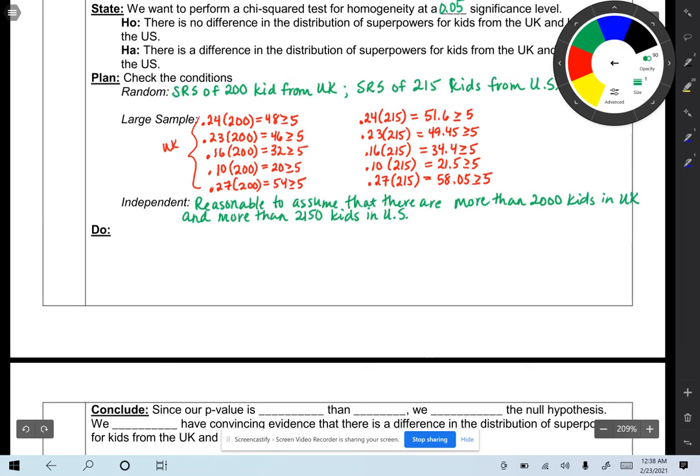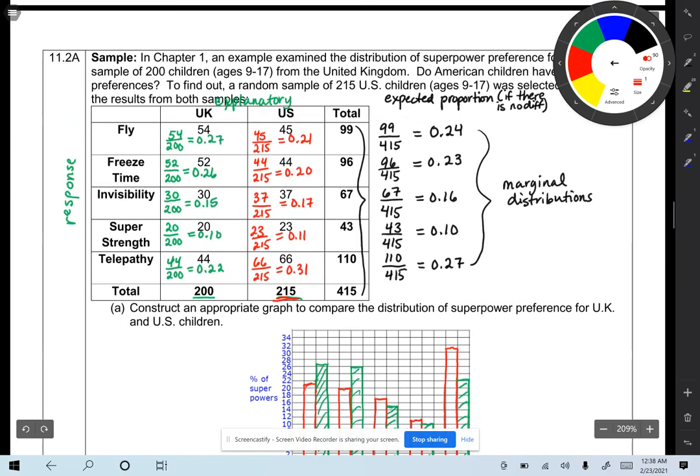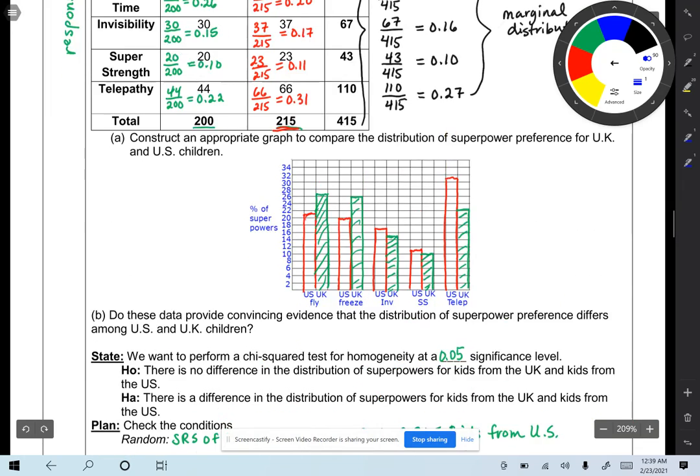All right, in our do, we are going to find the chi-squared statistic. So the chi-squared statistic, let's list out the first two. Now, if we go over here, let me go back over here. 54 is what we observed, but what we expected was 48.